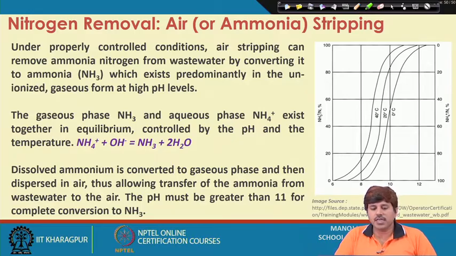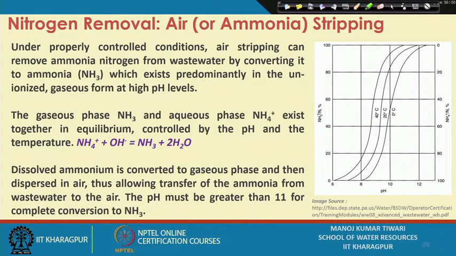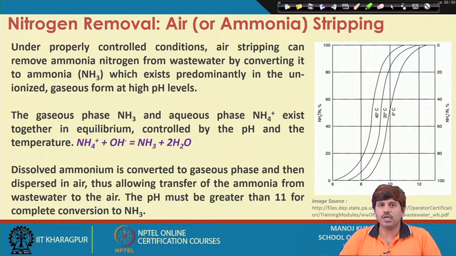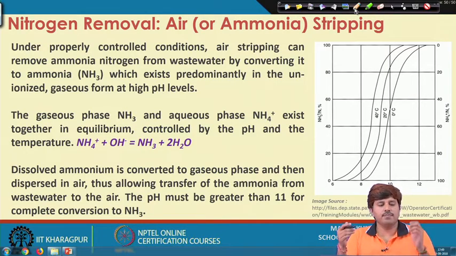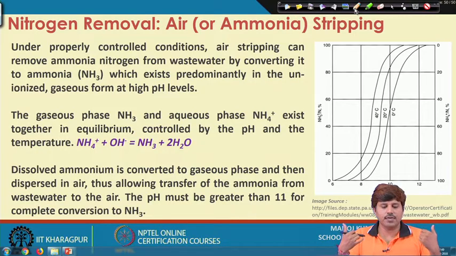There is air or ammonia stripping, which is another method for removal of nitrogen. So, ammonia stripping is again a physicochemical process, not a biological process. So, what happens is that ammonia and ammonium ion are such species that gaseous ammonia and aqueous phase ammonium ion remain together in equilibrium, and this equilibrium is controlled by the pH and temperature.